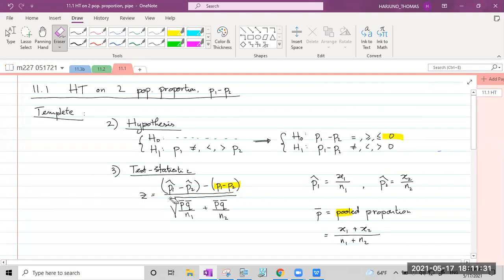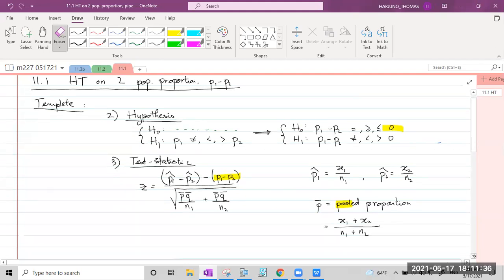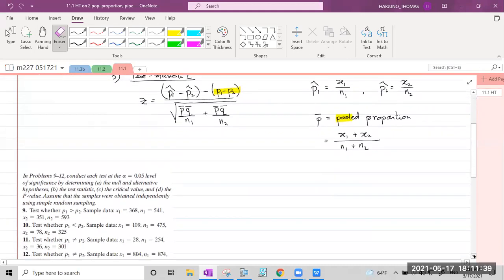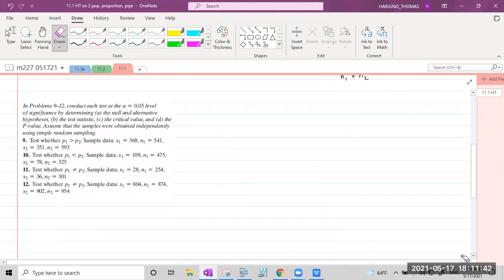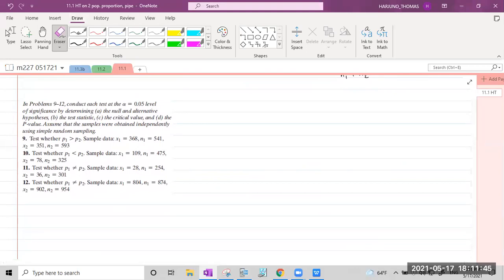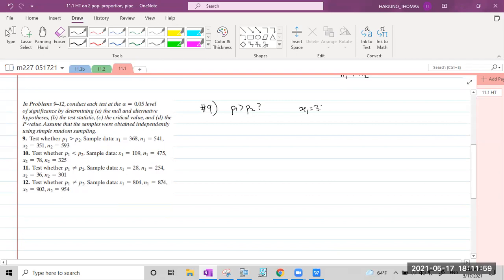With the time I have, I think I can do at least 2 problems. So I will do one without a claim and another one with a claim. Okay, let's do number 9. Test whether p1 is greater than p2. Let's organize the sample data. x1 is 368 and n1 is 541. x2 is 351 and n2 is 593.